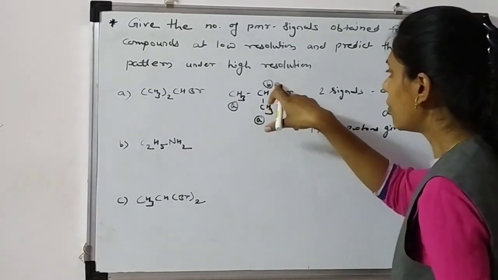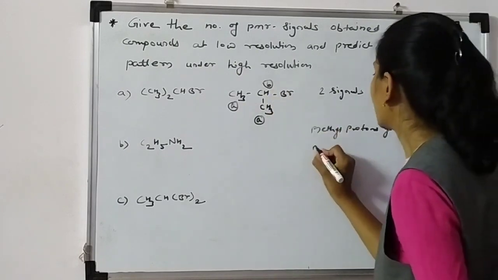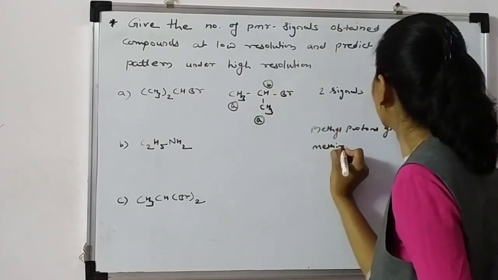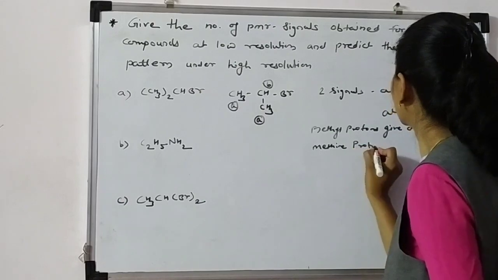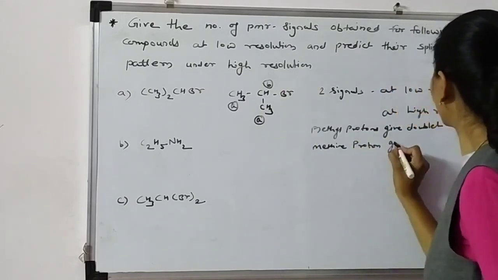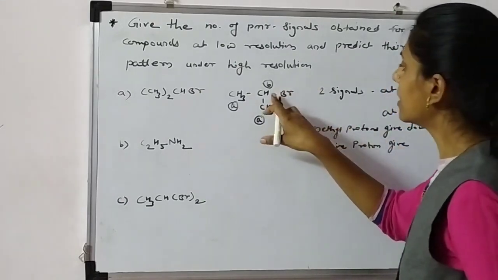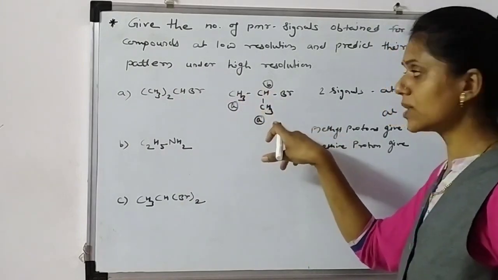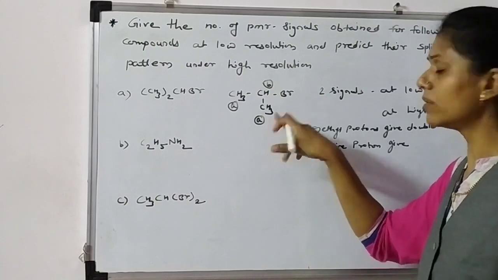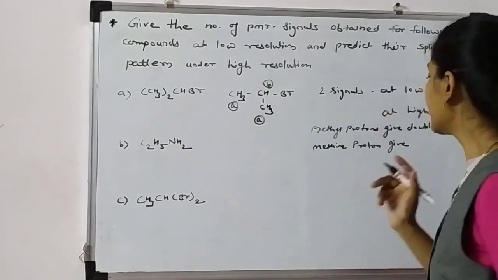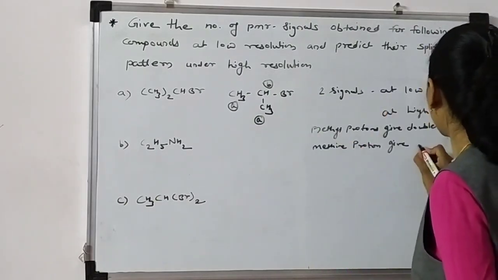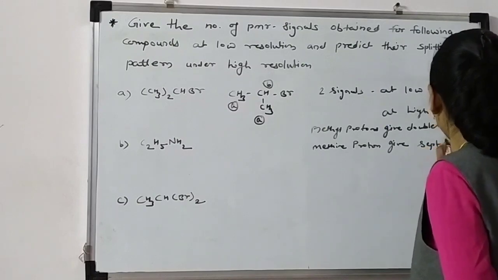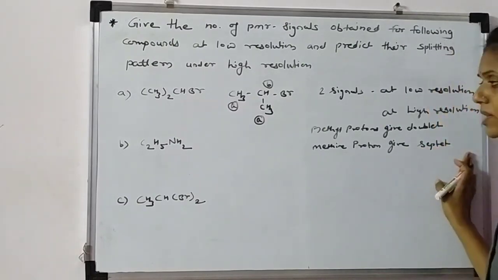Another signal is of the methyne proton. Its neighboring protons are these 3 and these 3, total 6, and according to n+1 there are 7, that means a septet. The methyne proton gives a septet, or we can say a multiplet also.